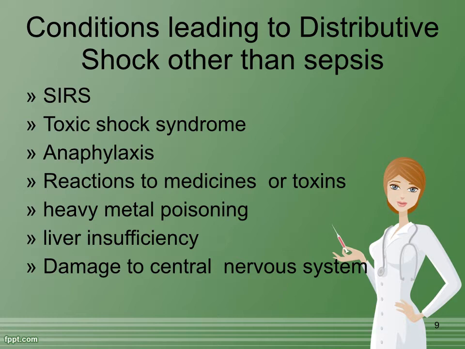To explain SIRS, I need another video e-lecture. So for now, I just want you to know that the conditions which can lead to distributive shock other than sepsis are SIRS, toxic shock syndrome, anaphylaxis, any reaction to drugs, heavy metal poisoning, liver insufficiency, and then damage to the central nervous system.